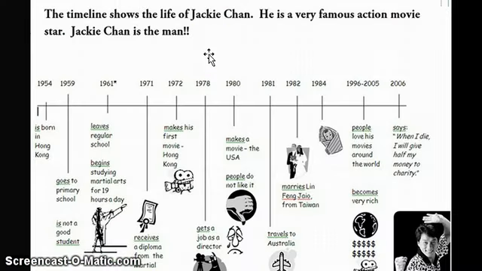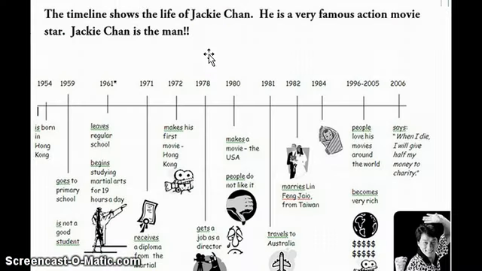For example, we'll analyze the timeline of a famous person, Jackie Chan. Let's just consider this part. In the first upper part, we have mentioned the years, starting 1954 to 2006.